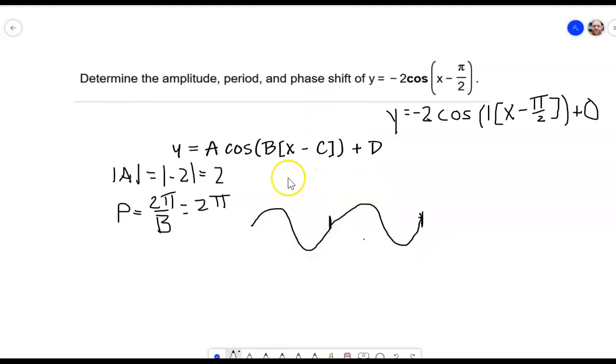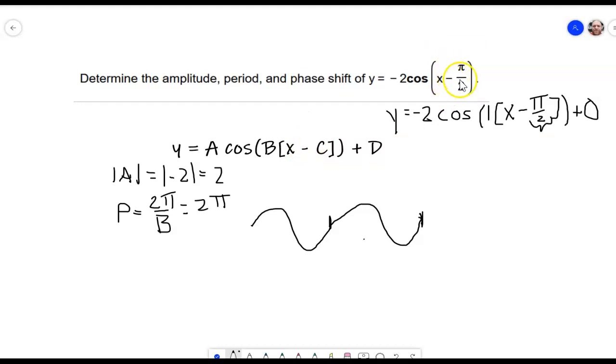All right. And then the last thing is the phase shift. So the phase shift is just whatever value is right here. Now notice that we have a minus sign here, so that has to match the minus sign here. So the phase shift is actually going to be a positive pi over 2 in this case. Because we have a minus sign in our formula, it's really going to be the opposite sign of whatever's here.